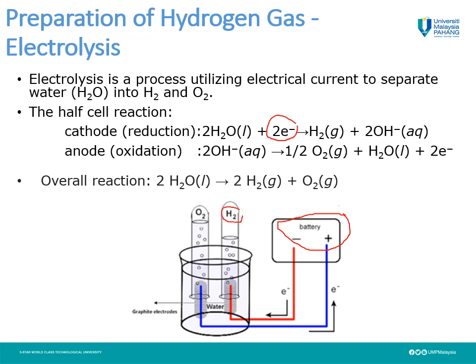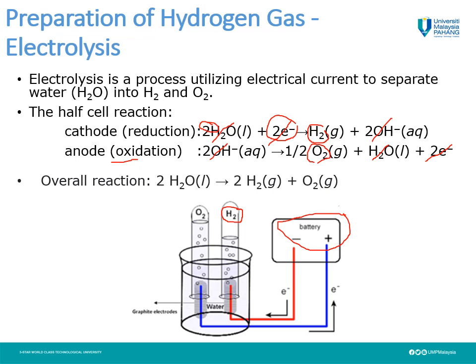At the anode, where the oxidation reaction occurs, the hydroxyl ions are transformed and the reaction produces oxygen, water, and 2 electrons. For the overall reaction, we can subtract the electrons, and there is 1 water remaining, hydrogen, and oxygen.